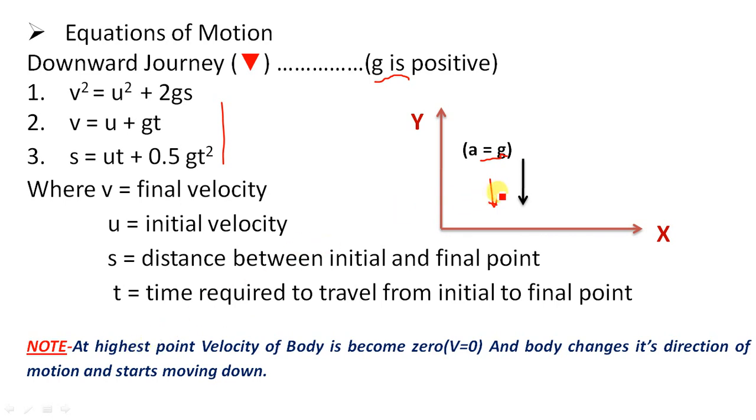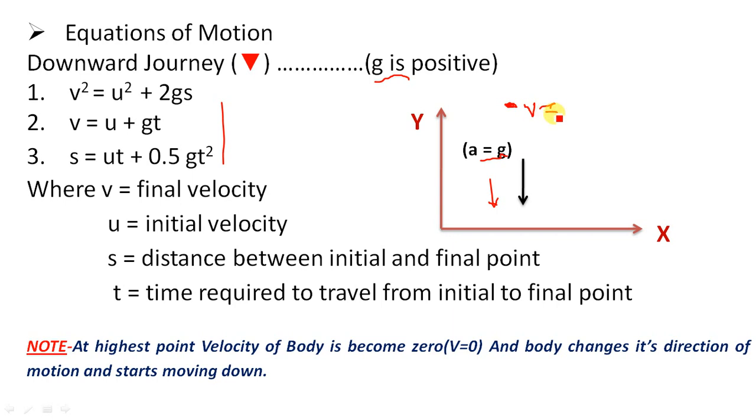So always remember that when a body or ball is thrown in upward direction, it will achieve a maximum height up to a certain point, and after that it will start its journey in downward direction. So at maximum height, for a certain instant of time, the velocity of that body is equal to 0.